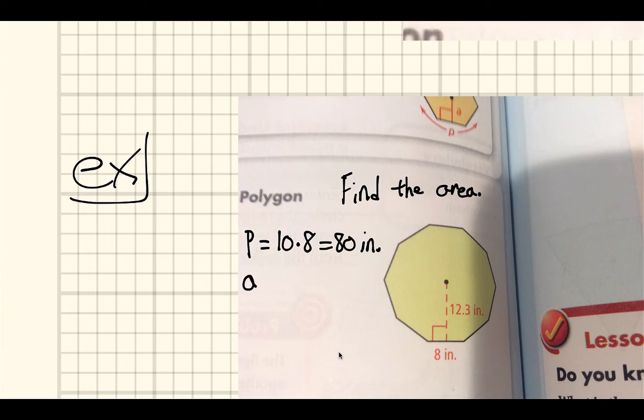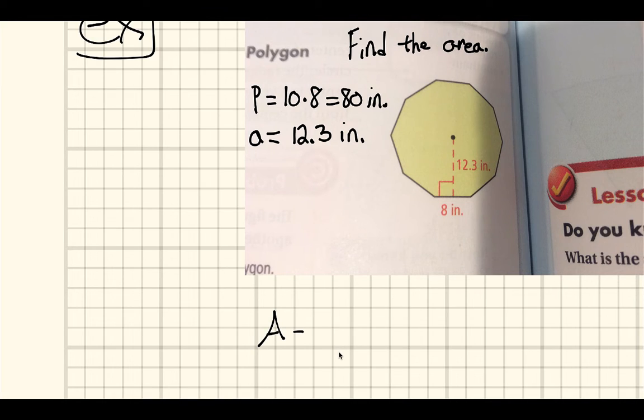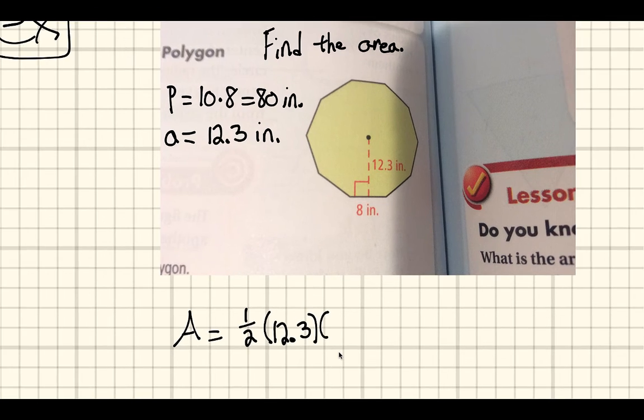The apothem, again, was given to us. That is 12.3 inches. And then this is just a matter of plugging it into the formula and multiplying. So my area is 1/2 the apothem, 12.3, times 80, which is the perimeter.